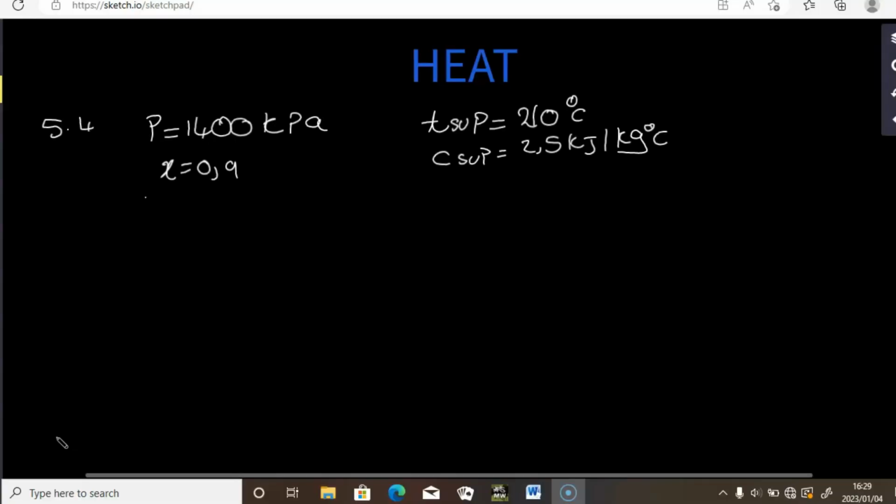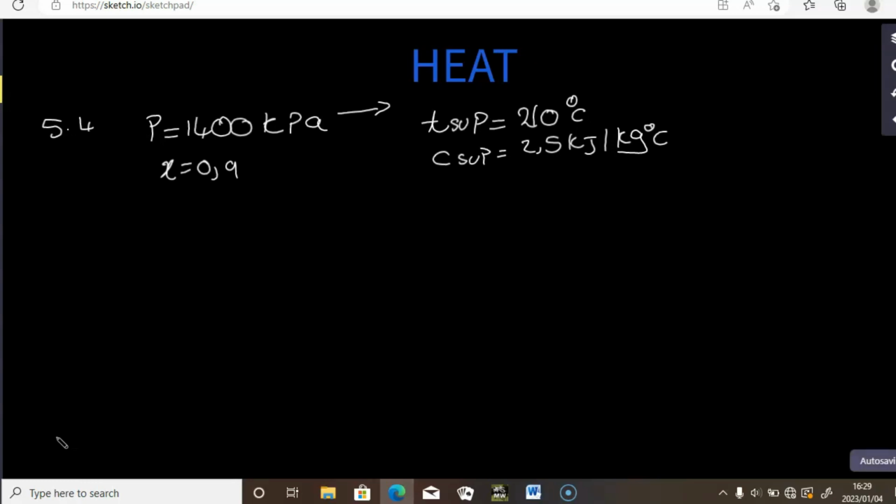This is the information that we are given. The pressure of the steam is 1400 kilopascal. The first steam that is produced is wet steam, and they are giving us the dryness factor as 0.9, meaning 90% of that mixture is dry steam and 10% is still water. Later that steam is passed to a superheater, which adds heat energy to the wet steam.